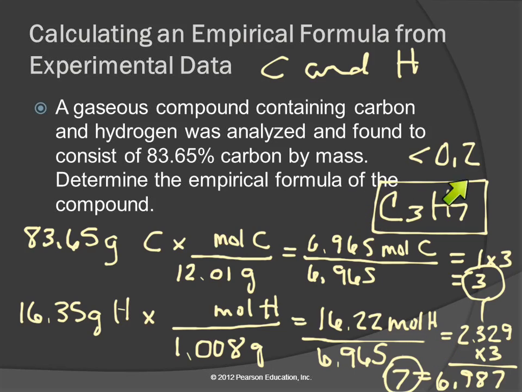And here, after doing all this manipulation, we've got a ratio of 3 to 7. Well, what happens if you divide 7 by 3? You get 2.333, which is very, very close to 2.329. That's within experimental error. It's not going to come out perfect because it's real. Nothing real is perfect. This is just a math technique to find the whole number ratio.